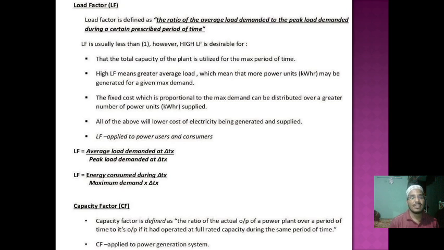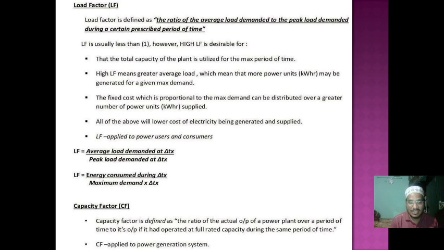Means load factor is equal to how much average load demand. For example, if 4 customers want some demands, we can consider the average of those 4 customers, divided by the limit of the power plant, the last limit of the power plant to take a demand, which we consider in terms of peak load demand.